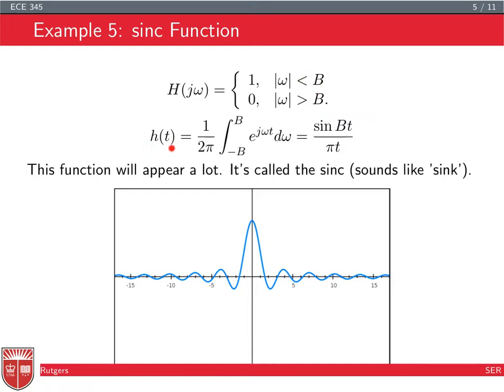The impulse response h of t is sine of bt divided by pi t, and this is the sinc function, and it looks something like this if you plot it. It's very important to understand this and keep this result in mind because it's going to be very useful.